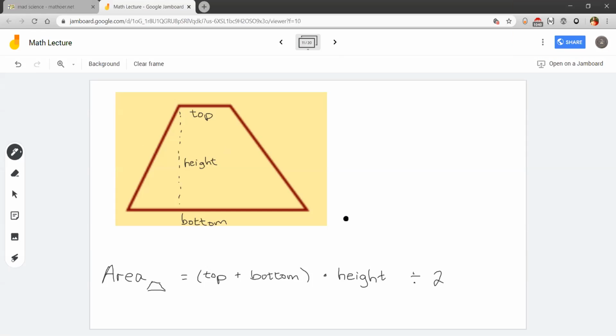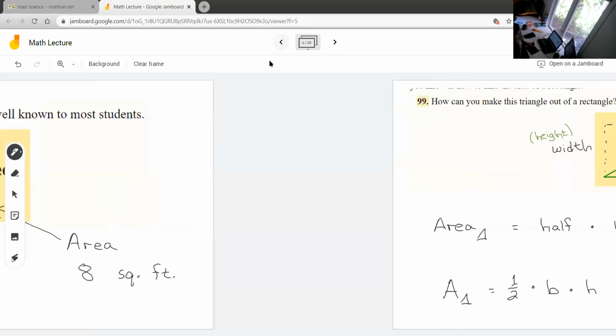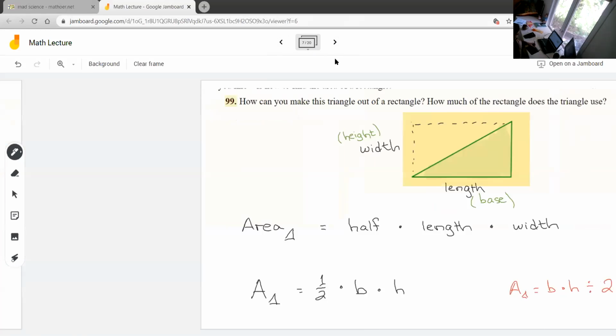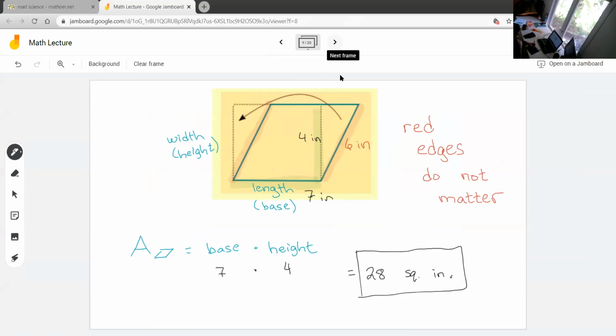So did you just show us with the extra pieces so that we would understand why we have to divide by 2? Right. Just like at the beginning of the lecture, I assume everyone knows length times width, but we wanted to talk really about why. I assume everyone knew 1/2 base times height, but now you know why. And maybe you had known base times height for a parallelogram.